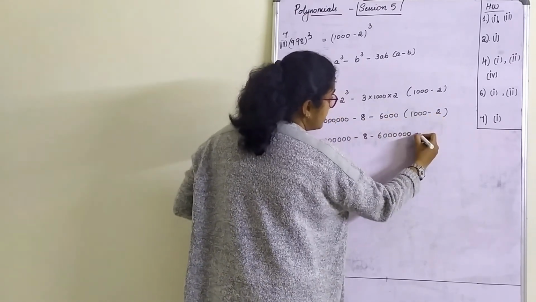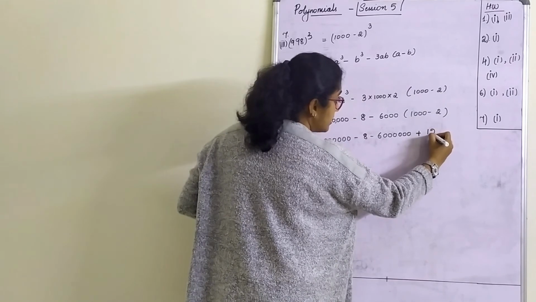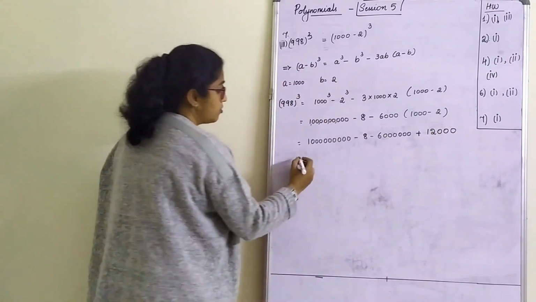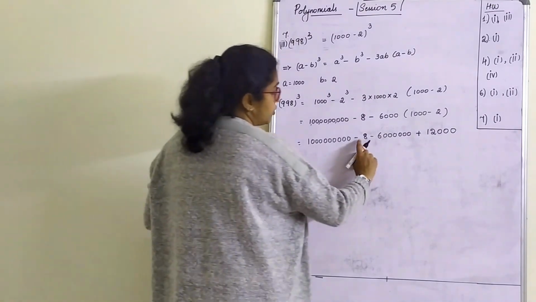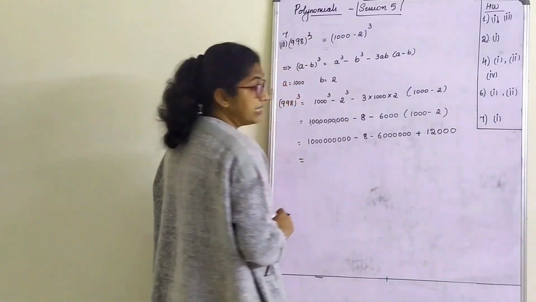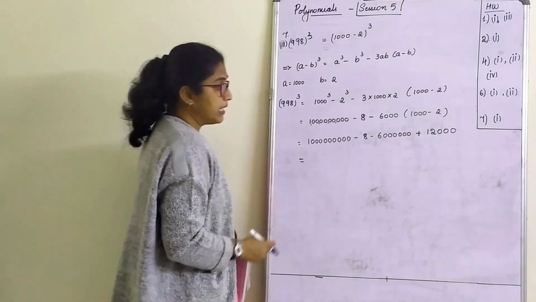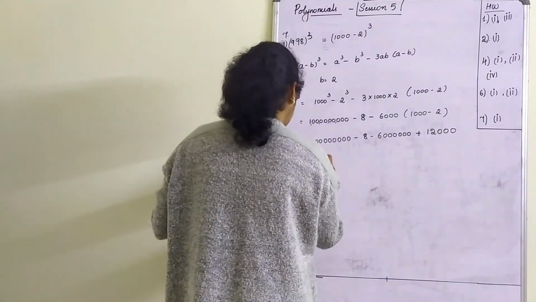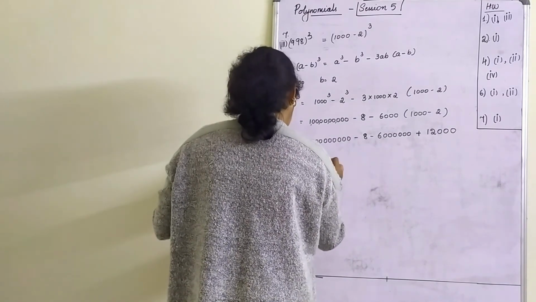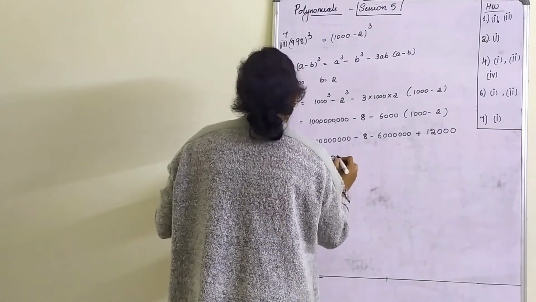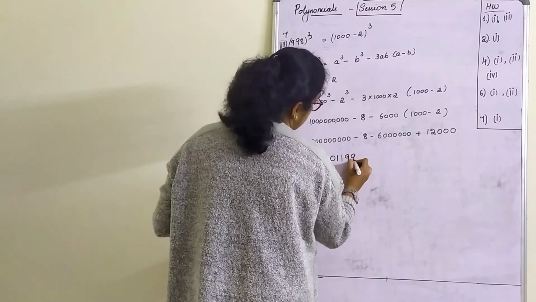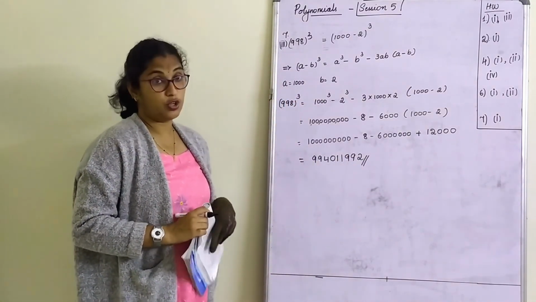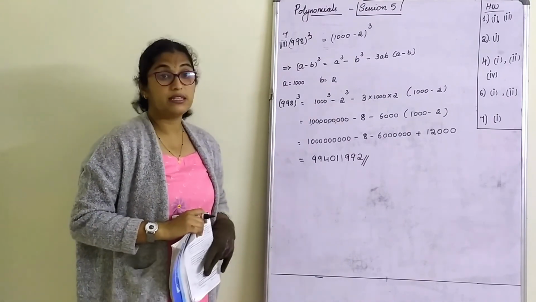Minus into minus plus, 6 2s are 12. Right? So, final calculation: you can add them but with the negative sign. These two are to be added. Then this will be subtracted finally. The final answer will be 994,011,992. Be very careful in the calculation of these sums. So, this is the answer.